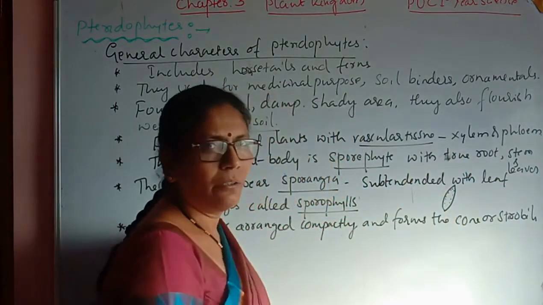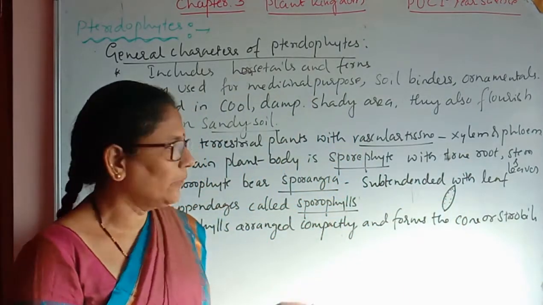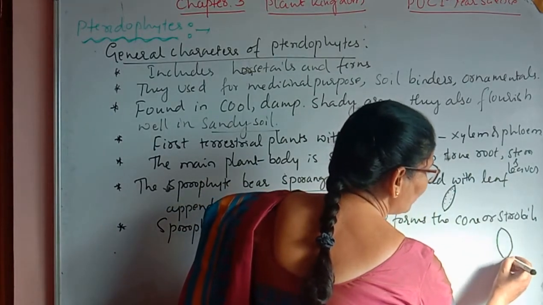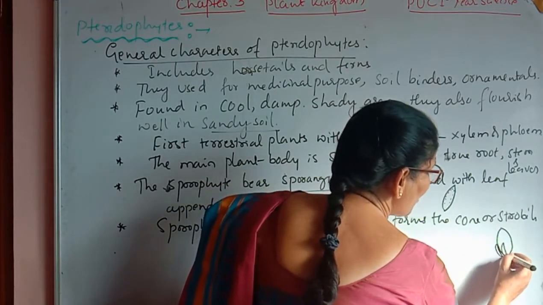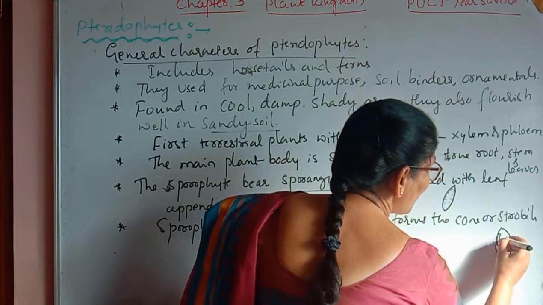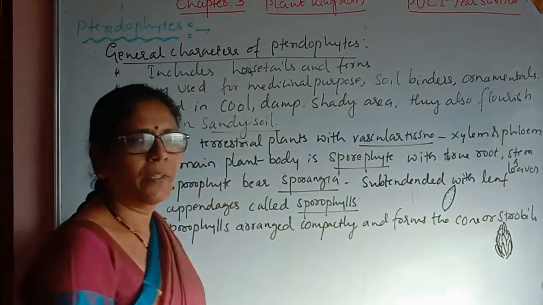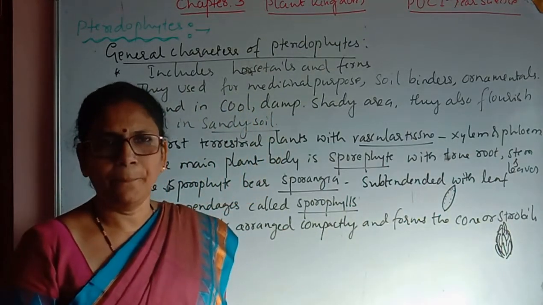These leaf-like structures arrange around a cone-like structure and form it. Such a structure is called the cone or strobilus.